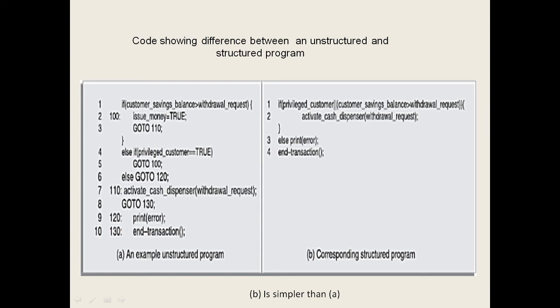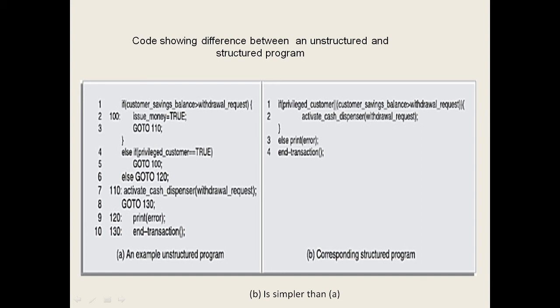And the next part is labeled as 110, activate cash dispenser and withdrawal request. So after activating the cash withdrawal, again there is a go to 130 statement to end the transaction.